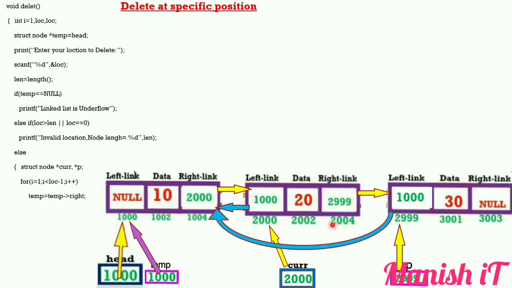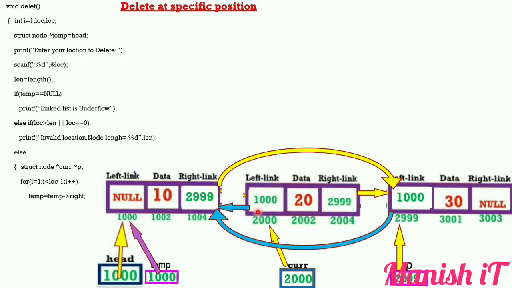After the connection is ready, now I want to store here the base address of this p. So temp to right is stored equal to p. So see this, it starts pointing here, and it stops pointing there. But one connection in that node is also still there. So how to delete that? We have to write our logic.